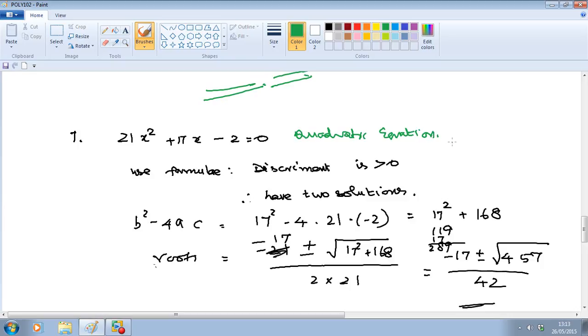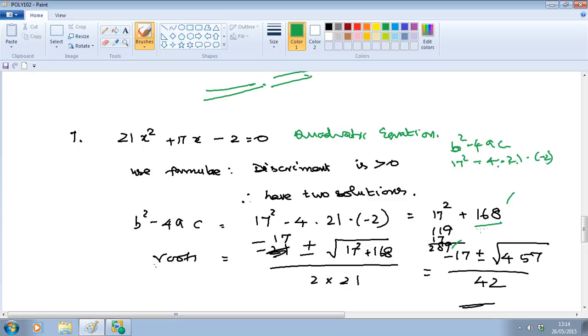First we will find b square minus 4ac. b is 17, so 17 square, minus 4 multiplied by 21, and c is minus 2, so this minus will become a plus. 17 square is 289, plus 4 multiplied by 21 multiplied by 2, which is 8 multiplied by 21, that is 168.